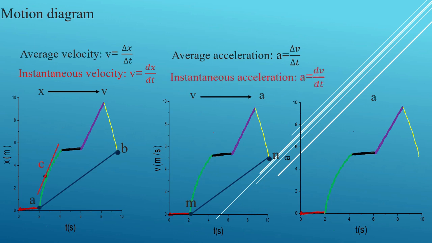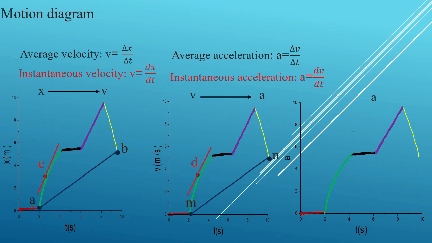And also I can calculate the instantaneous acceleration, which is the derivative of velocity over time. Again, I have 1 point on this diagram, and then the slope at this point is going to show me the instantaneous acceleration. Okay?